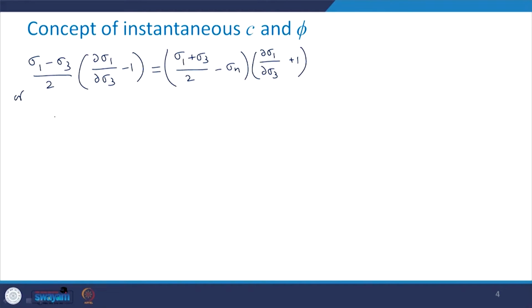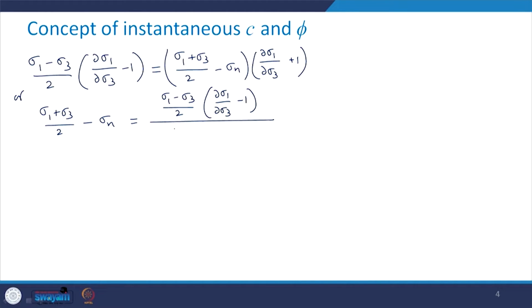Or simplify this further, sigma 1 plus sigma 3 upon 2 minus sigma n will be given by (sigma 1 minus sigma 3 upon 2)(del sigma 1 del sigma 3 minus 1), this whole thing divided by this quantity del sigma 1 del sigma 3 plus 1. This is what we are going to get.